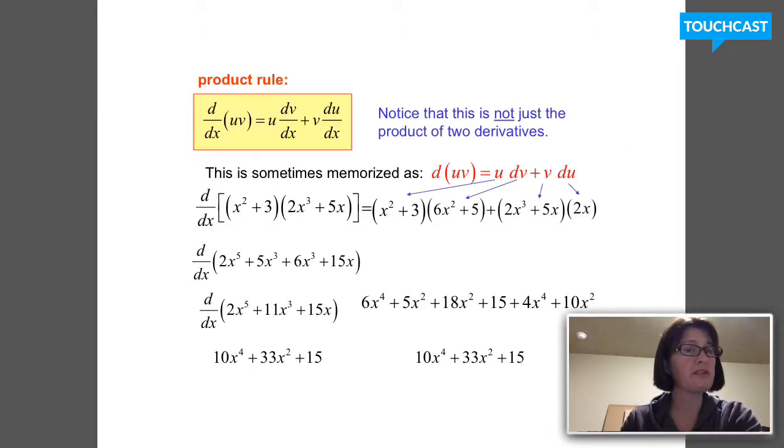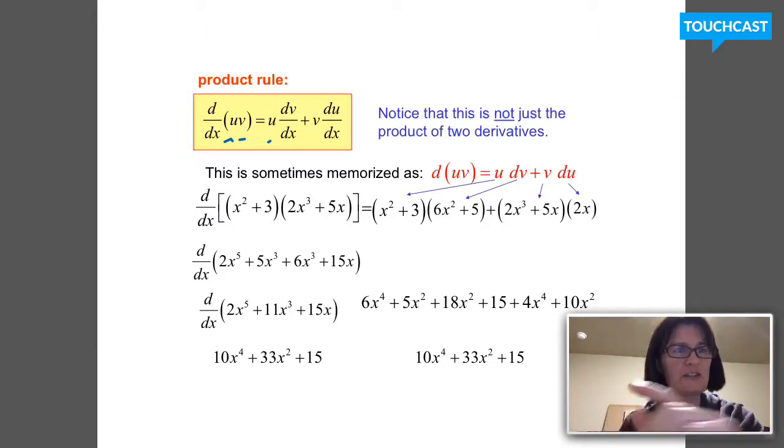So the product rule for derivatives says that if you want to take the derivative of a product of two functions, so here we're calling those two functions u and v, the result is the first function without having any derivative taken.